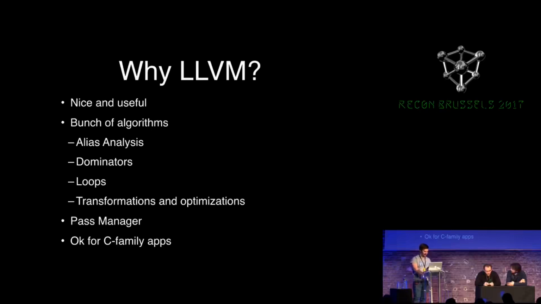Moreover, we can run multiple analyses built in LLVM for program transformations and optimization, including the alias analysis, many of them, dominators tree builders, loops analysis, and other transformations and optimizations. Also, we have much experience with this representation, so LLVM was the perfect match for us.